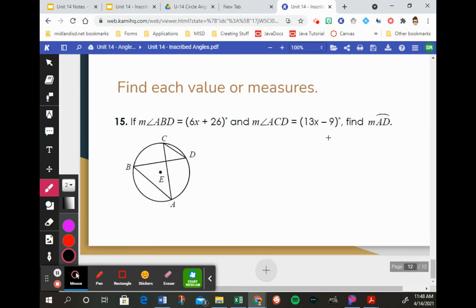Oh, this one's tricky. So let's label what we know. ABD, this one right here, is 6x plus 26. ACD, this one right here, is 13x minus 9. And we want to find this arc right here. Okay, here we go.